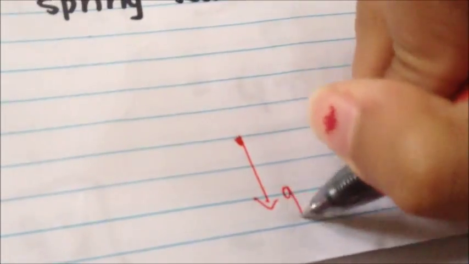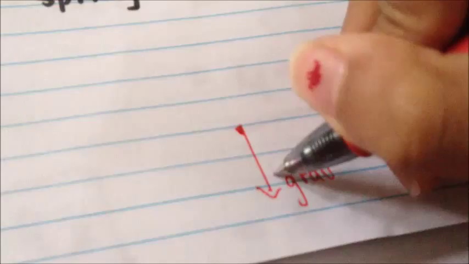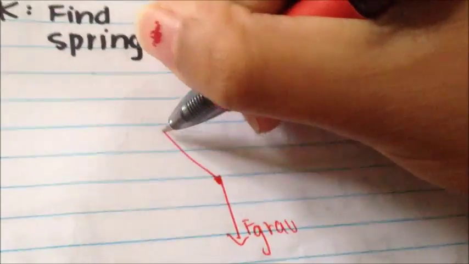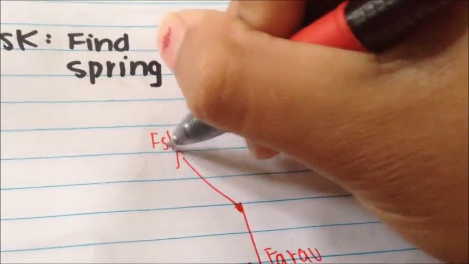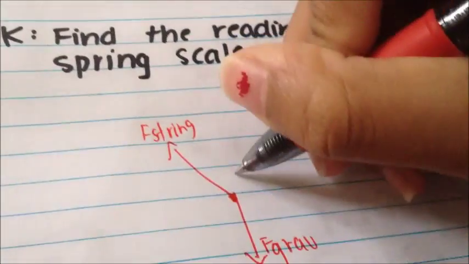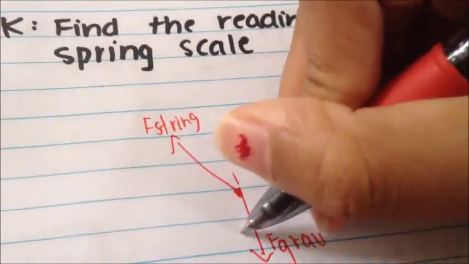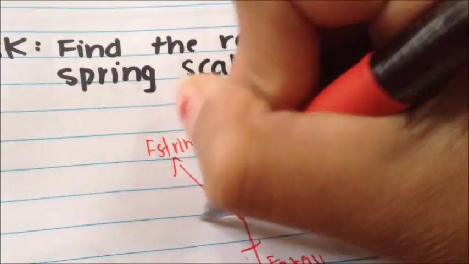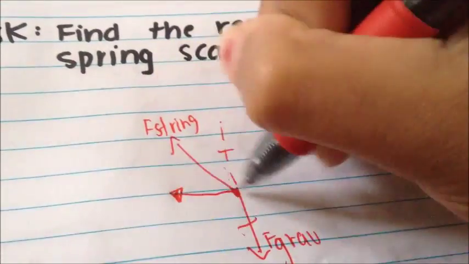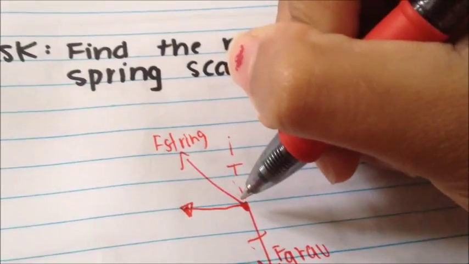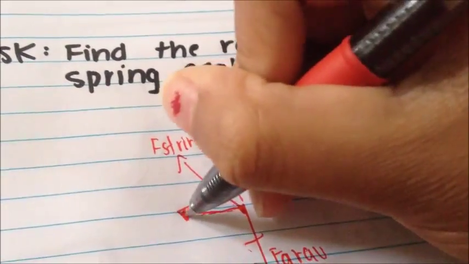So going back to our force diagram, we have gravity. We also know F string or tension. We have these two vectors that are equal. And then we have this, which is our Fnet, or also the x component of the F string.